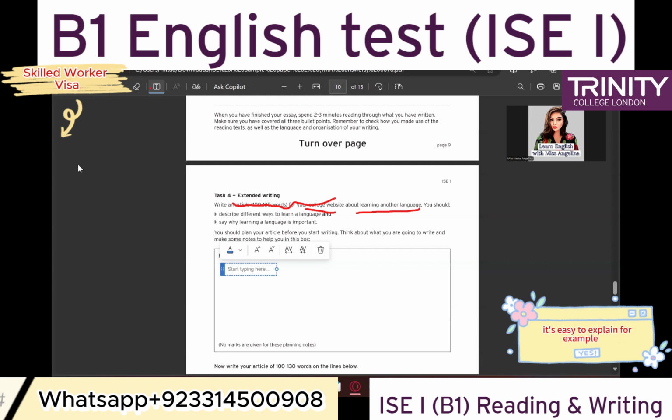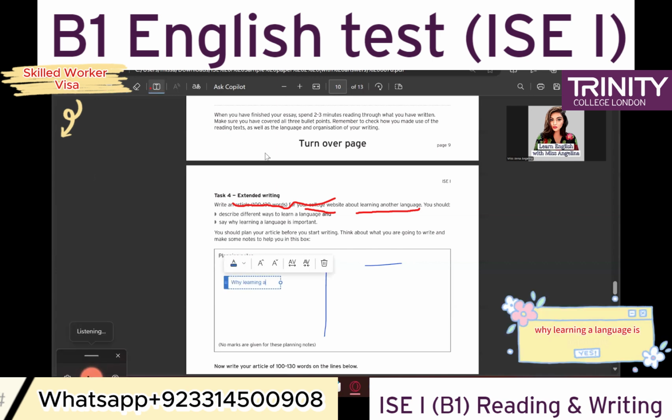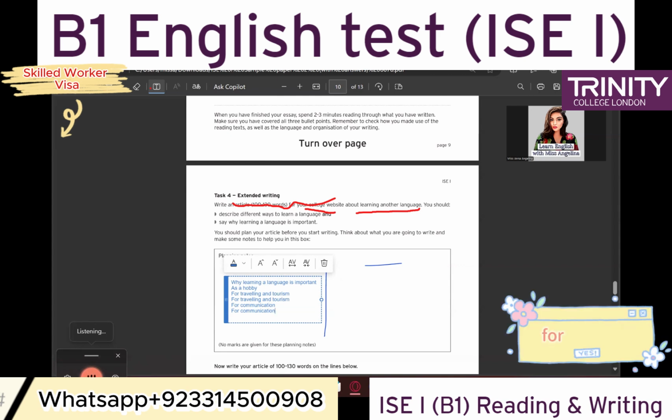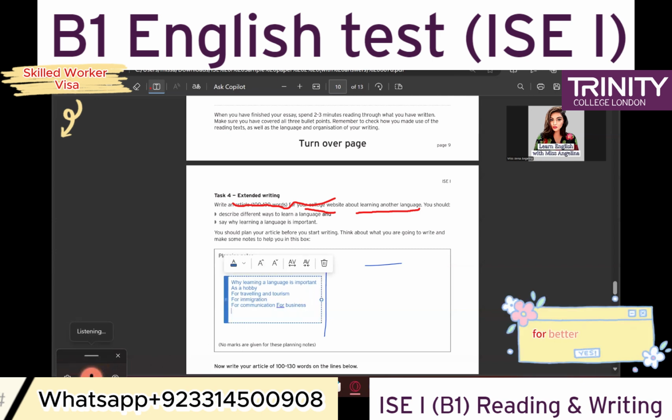For example, you make some points here first for why learning a language is important: as a hobby, for traveling and tourism, for communication, for business, for immigration, for a better job, for getting an international degree.